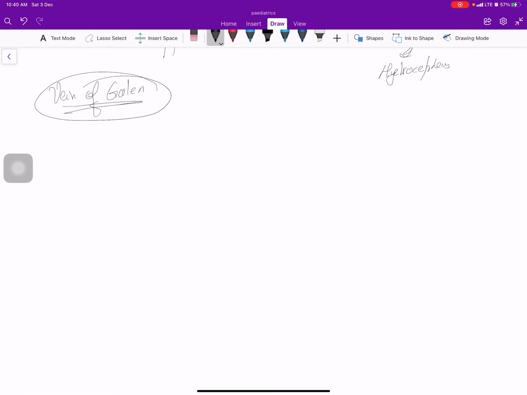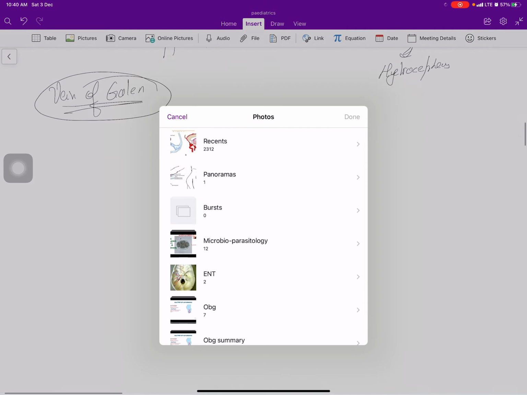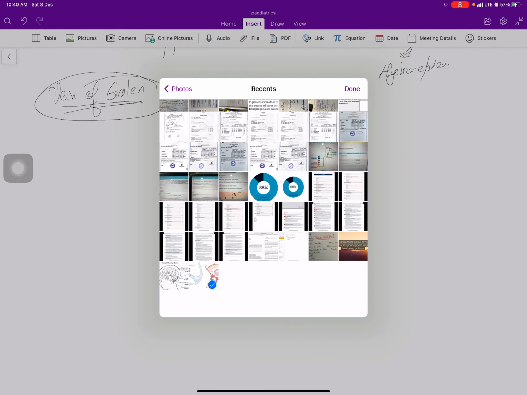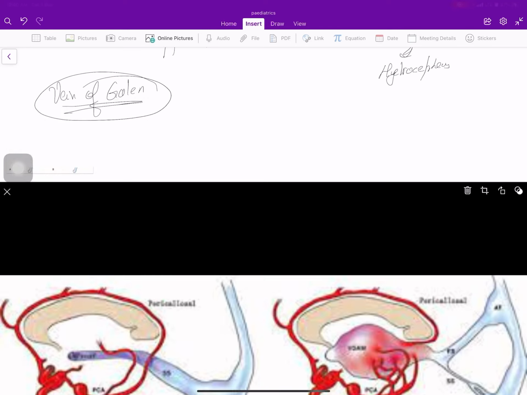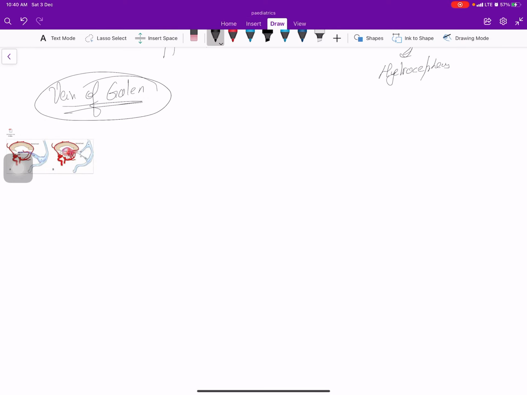So in vein of Galen malformation, normally we have a durovenous system which is draining, and we have an independent internal carotid artery, vertebral artery, circle of Willis, all that stuff draining independently, right?